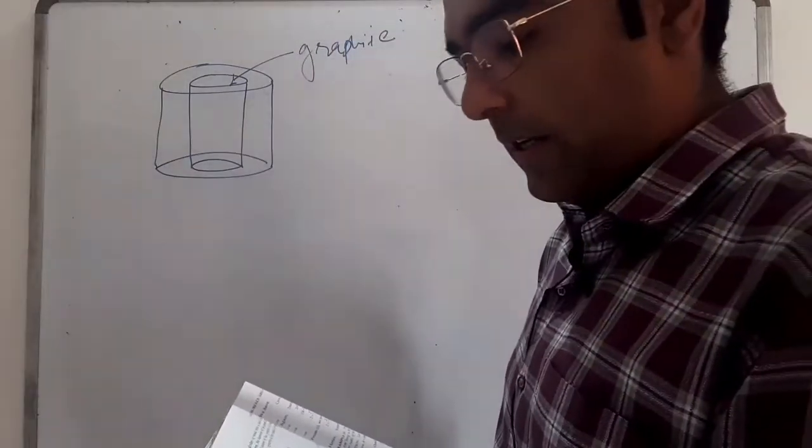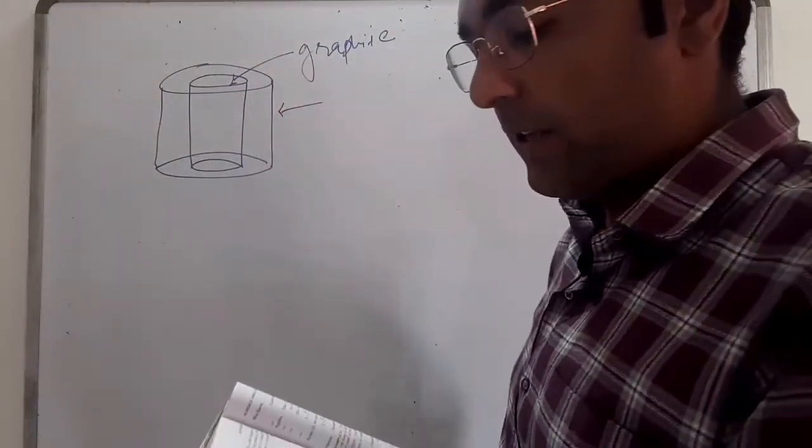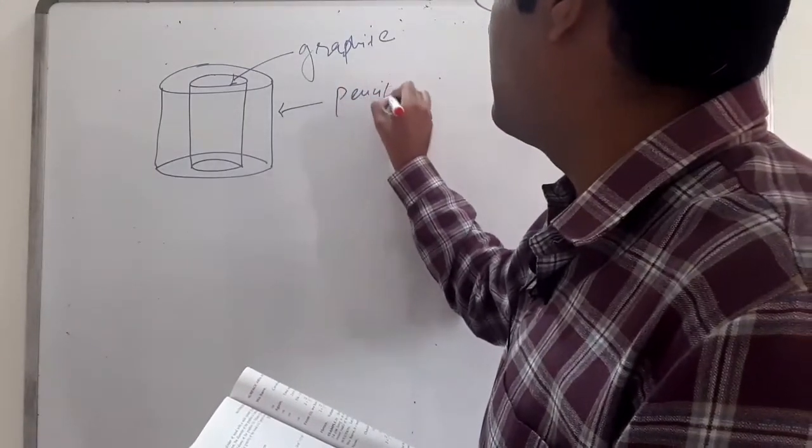The second one is the outermost cylinder, that is known as the pencil.